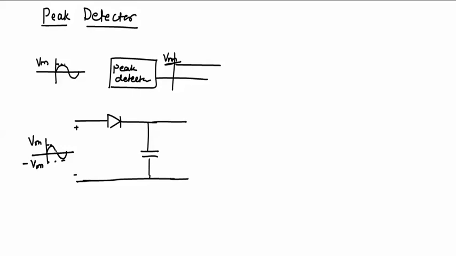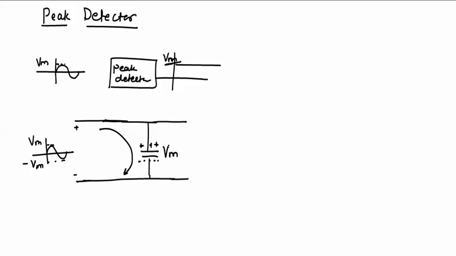As we know, this diode will be forward biased during the positive half cycle of the input waveform. So when this diode is forward biased, we replace it with a short circuit and a current will flow to the capacitor in this direction, and the capacitor will be charged with this polarity. When the input reaches its maximum value Vm, the capacitor charges with the voltage equal to Vm.